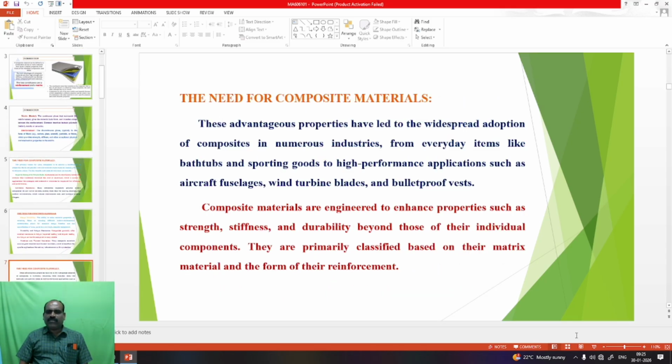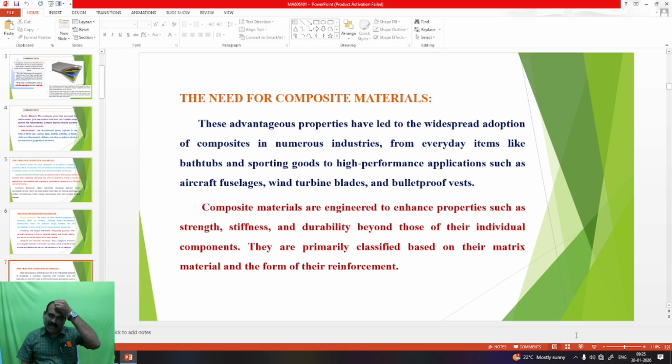The advantages of composite materials lead to the widespread adoption of composites in numerous industries, from everyday items like bathtubs and sporting goods to high performance applications such as aircraft fuselages, wind turbine blades and bulletproof vests.